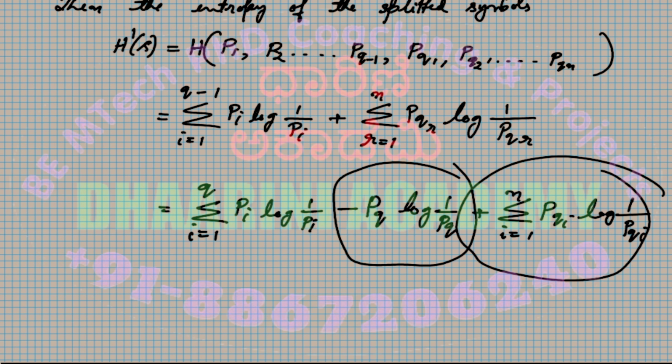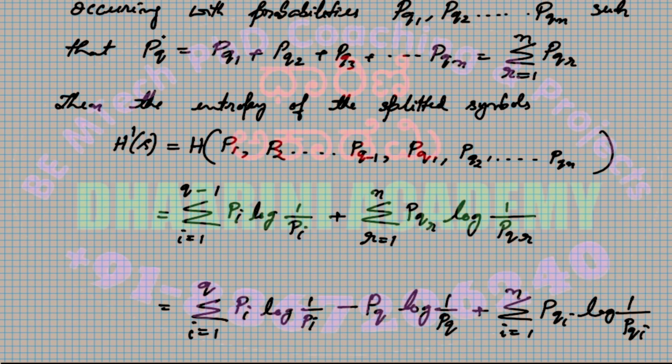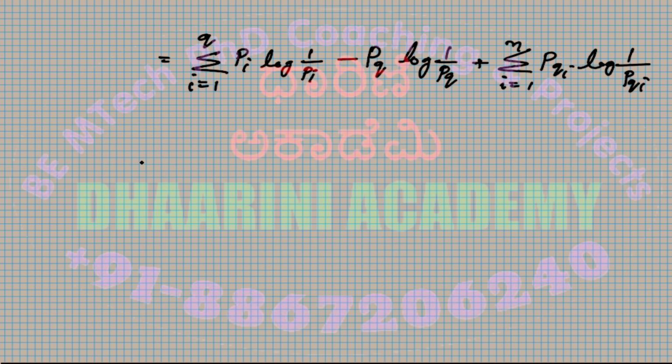Because PQ, I can write in terms of PQI, because PQ is the one we have split up. So just see here, what is PQ? PQ is summation of PQR, r is 1 to n. So I can replace it, I can bring a summation over there. I'll make a modification like this.